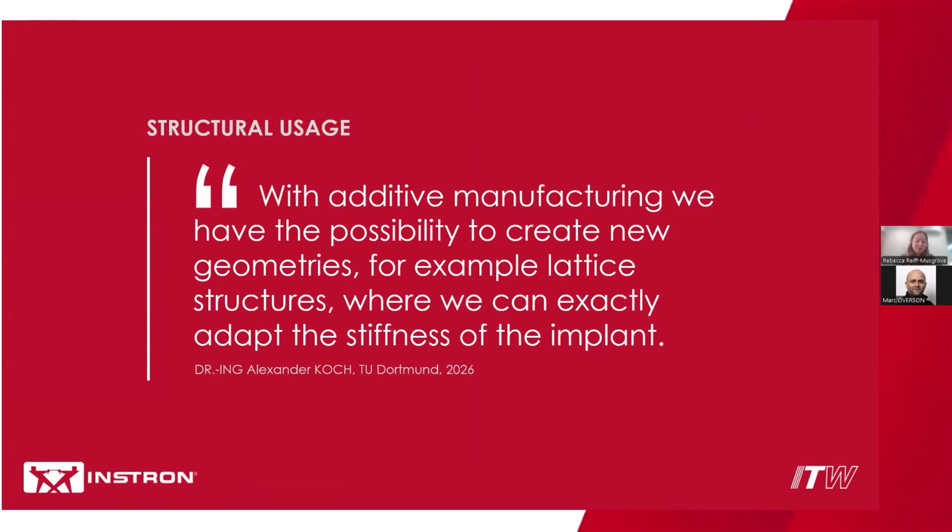So we interviewed some professors at TU Dortmund this year, and they said that with additive manufacturing, we now have the possibility to create new geometries, for example, lattice structures, where we can exactly adapt the stiffness of the implant. And of course, that implant is going into the body. It is being used structurally. We definitely would not want that to fail over long-term loading. So we need to understand the fatigue properties across various industries.